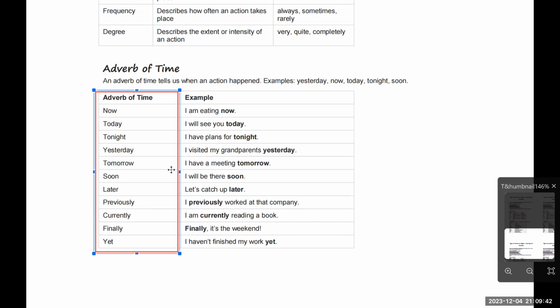Like usually? Usually it's not. What do you think? Not usually. Usually is almost the same, but it's not. Okay, currently is like, for example, here, I am currently reading a book, like now.